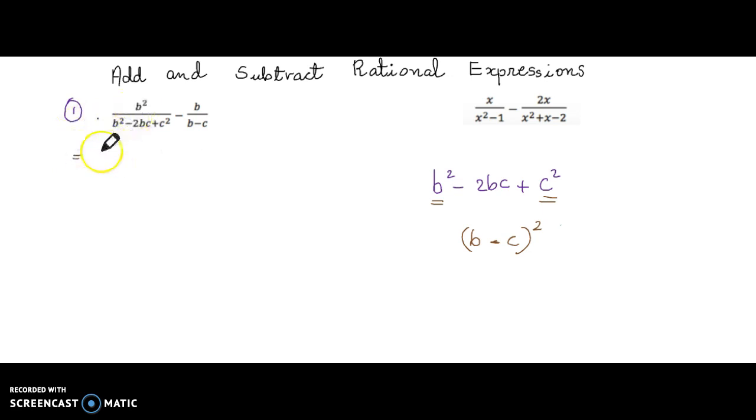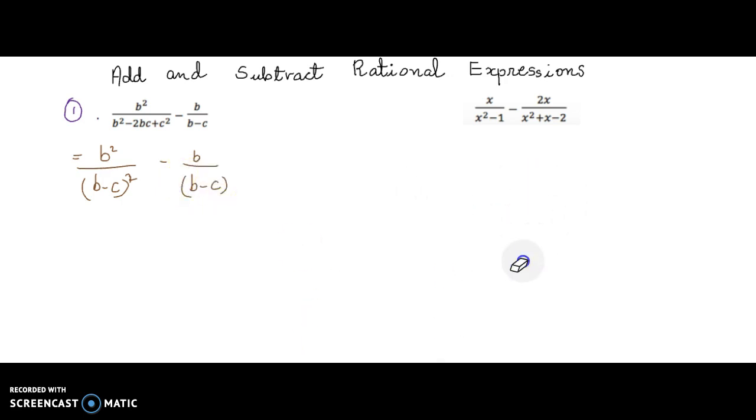So I leave the first fraction as b square over b minus c the whole square, minus b over b minus c. Now remember, our goal is to make the denominators the same.